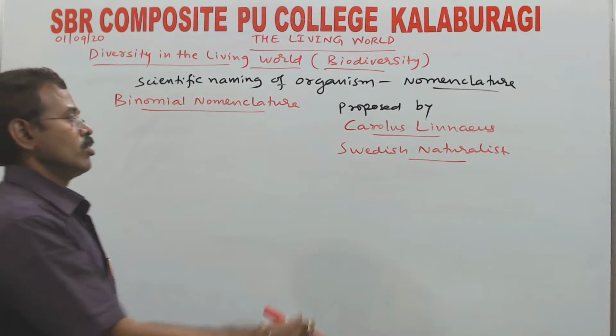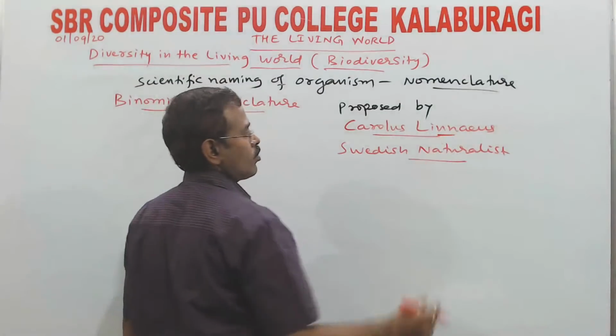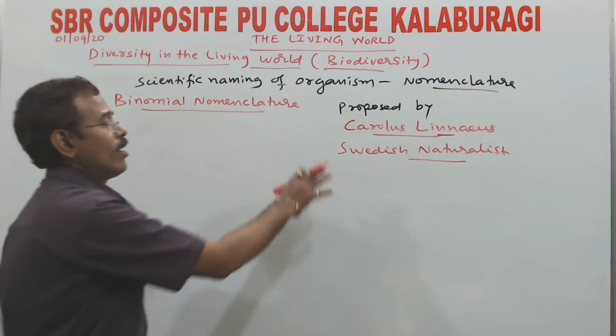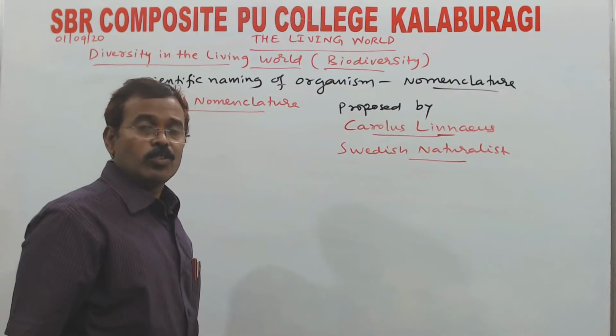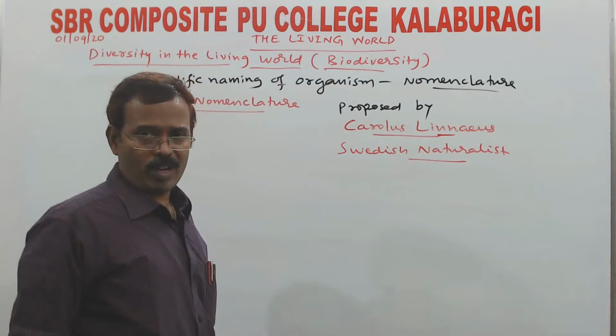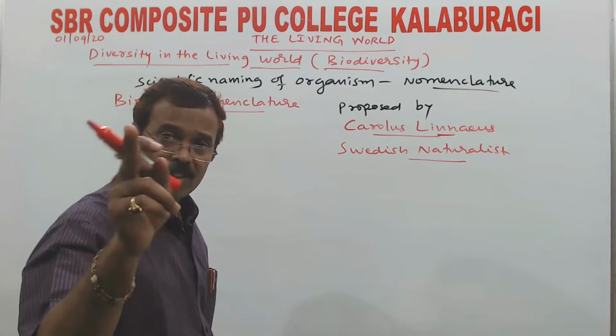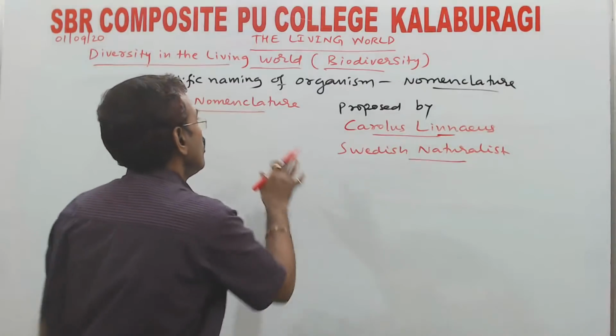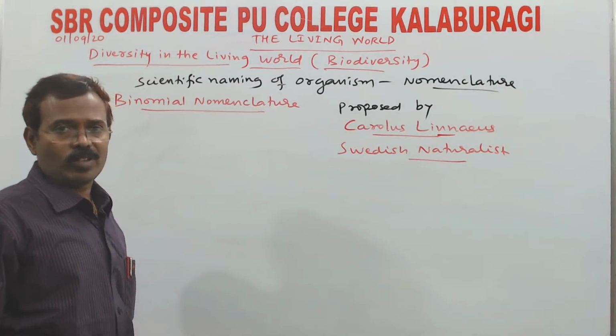Binomial nomenclature was given by Carolus Linnaeus. Remember, Carolus Linnaeus is known as father of modern taxonomy because he proposed, he gave binomial nomenclature.